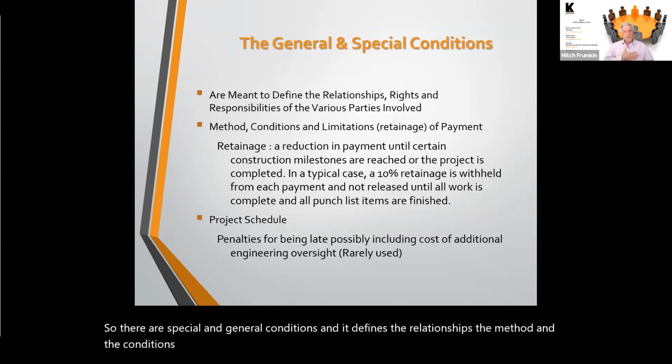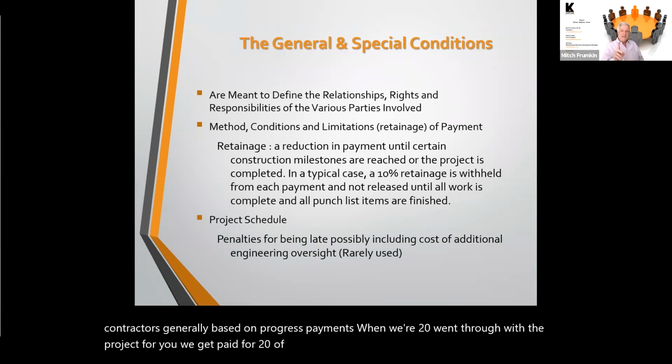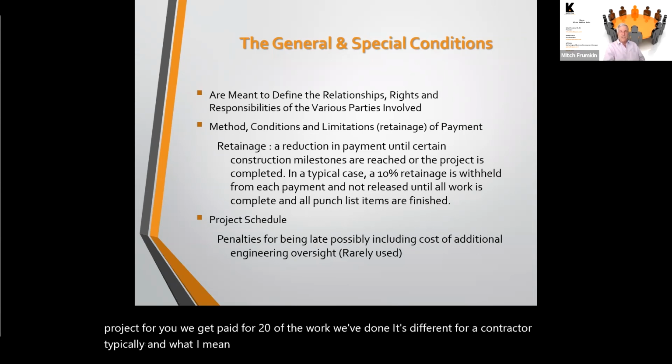For example, when you're dealing with an engineer, our contract is generally based on progress payments. When we're 20% through with the project for you, we get paid for 20% of the work we've done. It's different for a contractor typically. The contractor doesn't get paid in full during progress. There's what's called the retainage.